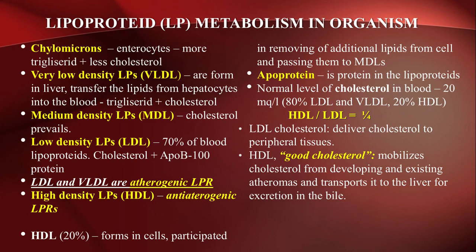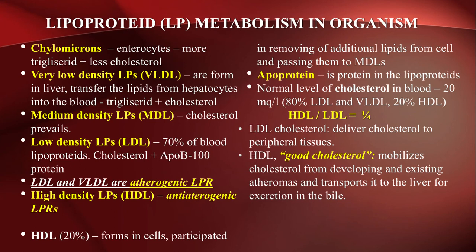They consist of triglyceride and cholesterol. Medium density lipoproteins are cholesterol precursors. Low density lipoproteins make up 70% of blood lipoproteins and consist of cholesterol and apoprotein B, ApoB 100 protein.